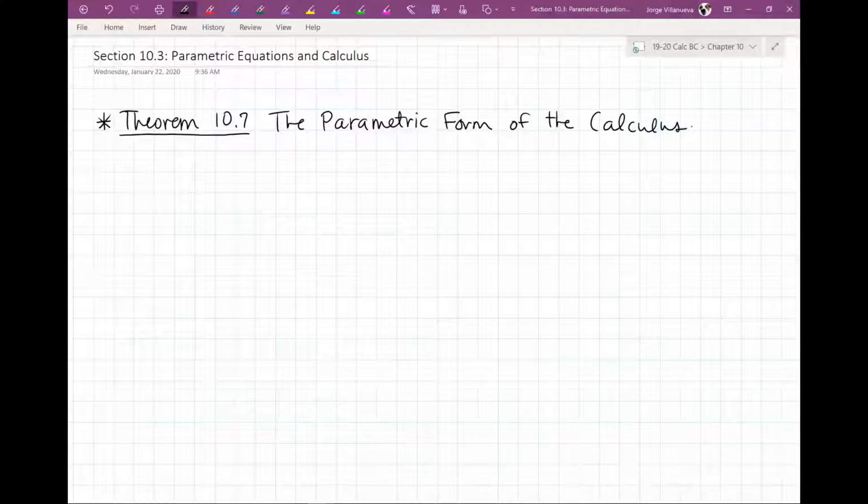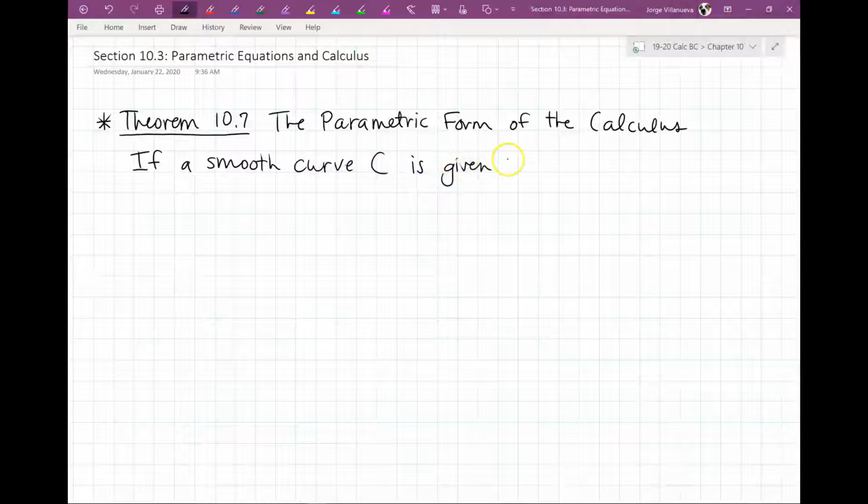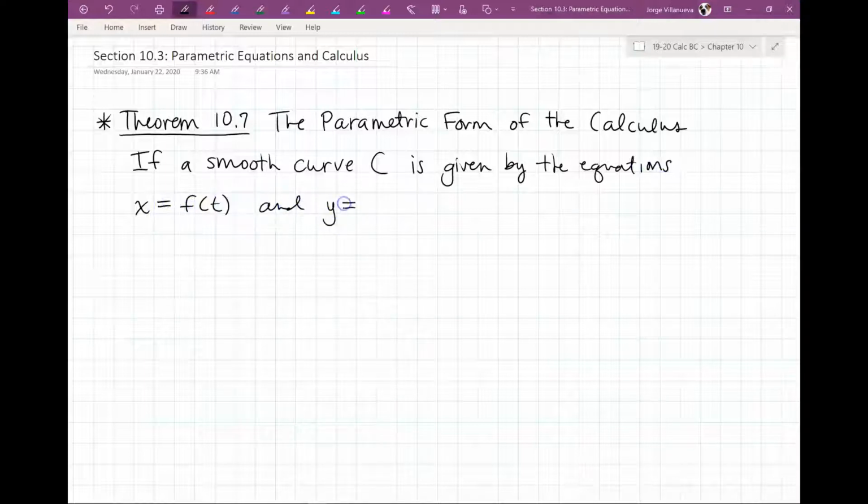And they're not really difficult. It's kind of like a formula. You know the formula, you can do the work. So it starts off saying that if a smooth curve C, so it's just capital C, is given by the equations x equal to f of t and y equal to g of t.